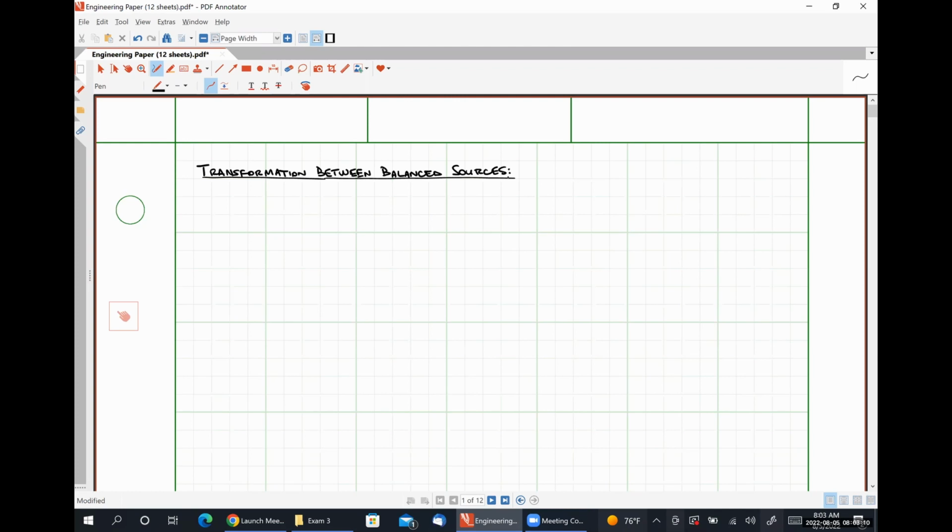So on the left-hand side, I am going to draw a Y-connected source.